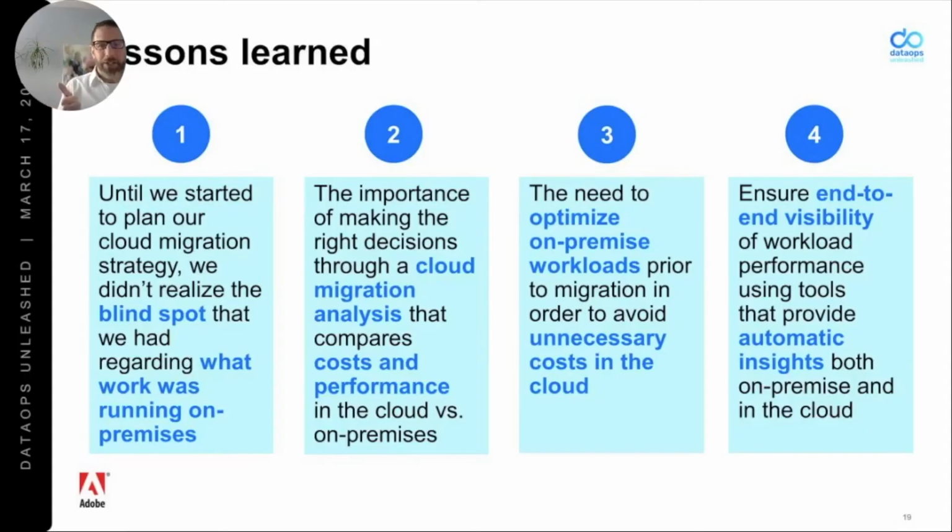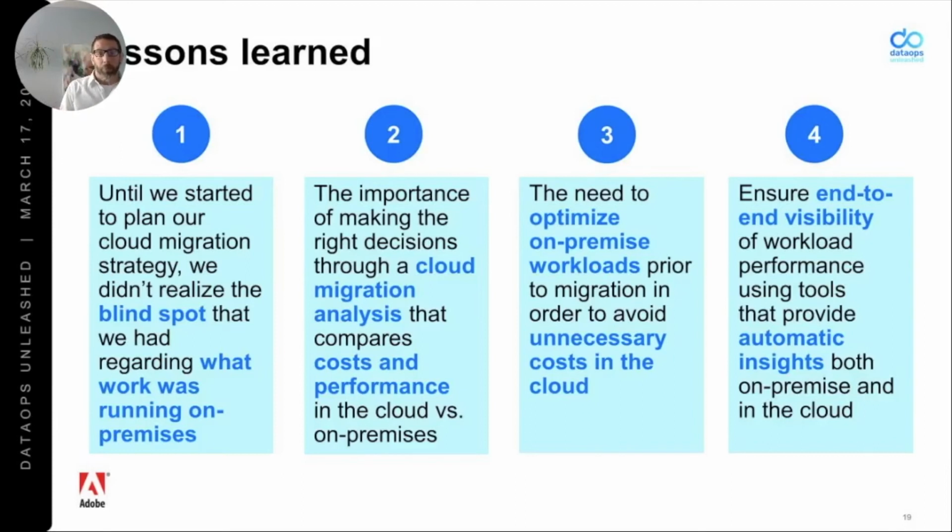First, as I mentioned earlier, we had a really hard time understanding all of the workloads that were running on premises and figuring out how to get those workloads into the cloud. We had a real blind spot, and Unravel has really helped us to uncover some of the insights that we need, understanding the workload resources, interdependencies between workloads to help us to plan our migration of those into the cloud.